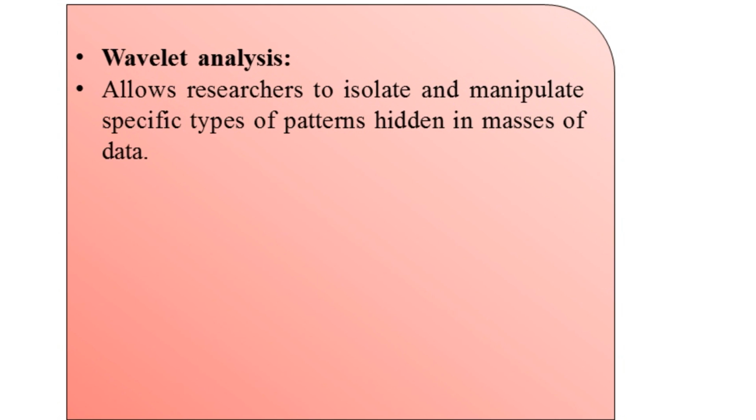So in those examples I have given you the idea in what way the wavelet coefficients are acquired for the changes made in that image in the vertical direction, the horizontal direction and the diagonal direction. Hence we can say the wavelet analysis tool is very helpful for isolation or manipulation of the specific type of patterns hidden in the masses of the data.